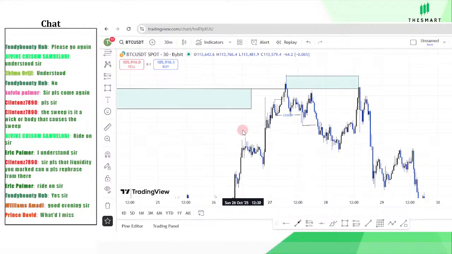Now, following the price action after having this sweep, market gave us what? A confirmation that price is willing to sell. Price is willing to reverse. And that's basically what a liquidity sweep does. A liquidity sweep is a reversal pattern.